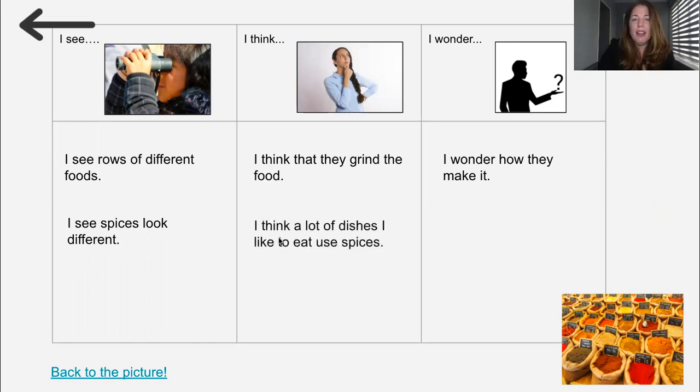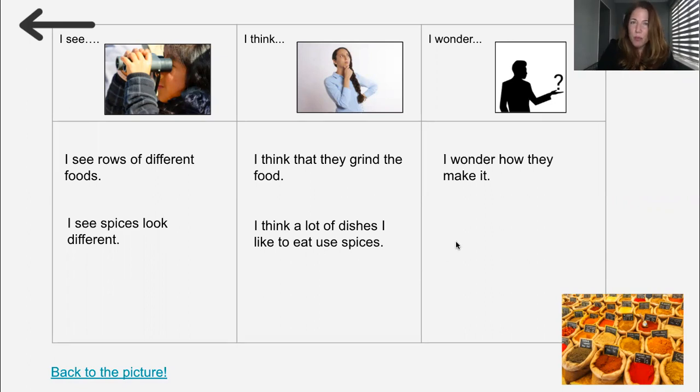So I think a lot of dishes I like to eat use spices. There's a lot of things that we learned there.